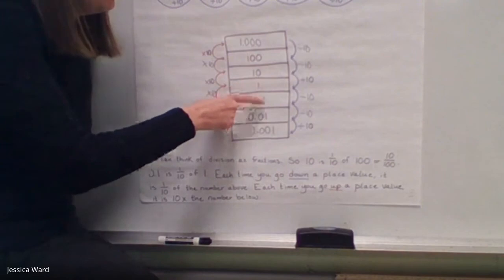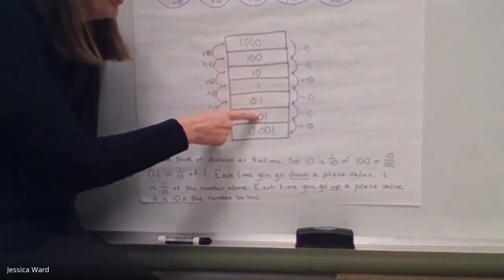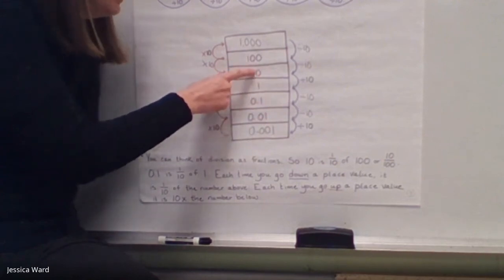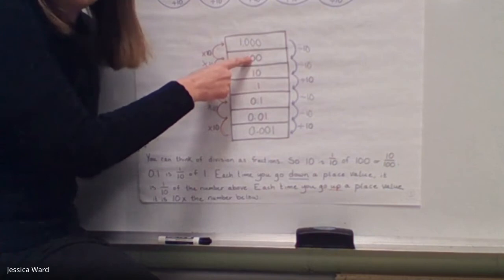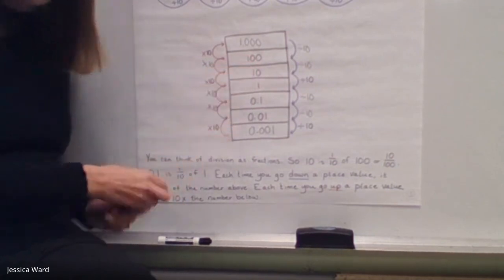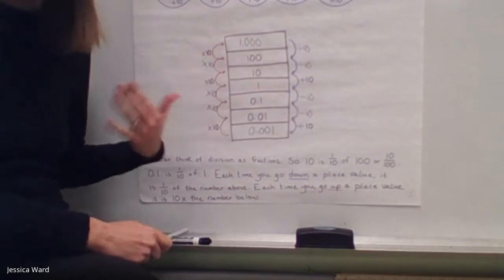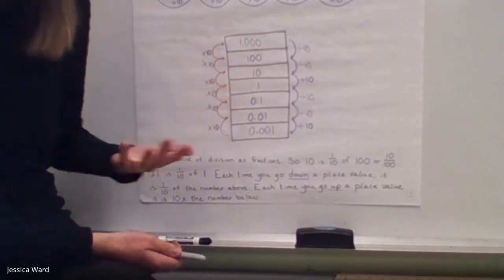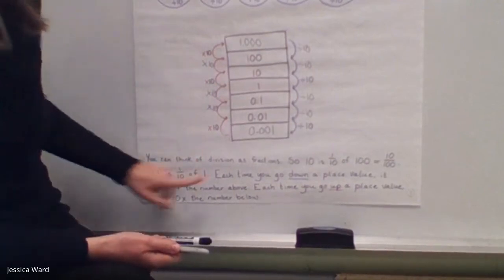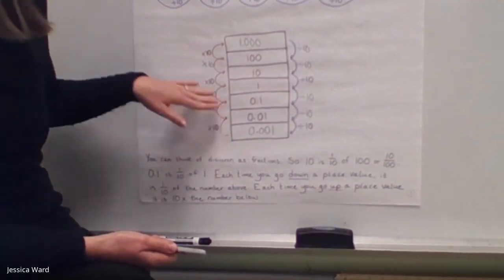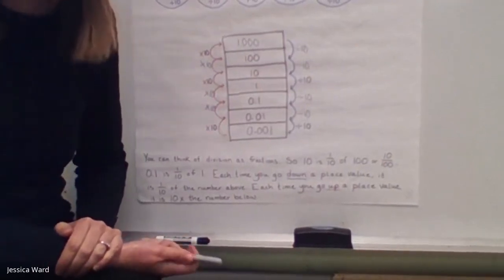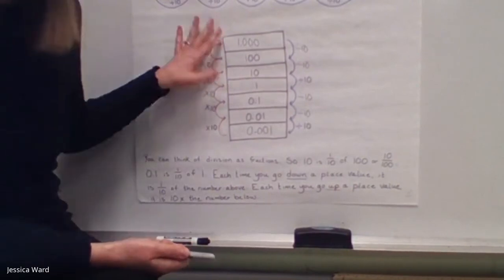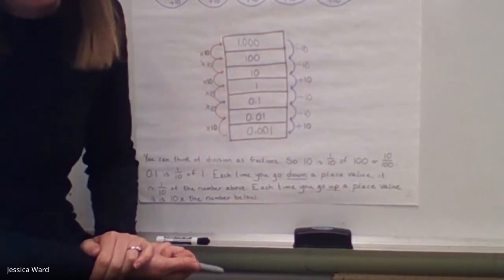So 1/10 of 1 is 1/10. 1/10 of 1/10 is 100th. 1/10 of 10 is 1. 1/10 of 100 is 10. So basically, division and fractions can work the same way. We can go ahead and write it as a fraction. 1 out of 10 is going to give us our 10. Each time you go up a place value, it's 10 times the place value of the place below it. So go ahead and fill in the chart as we did here for number 4.